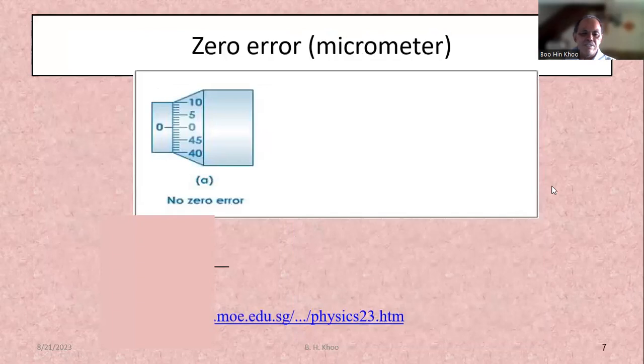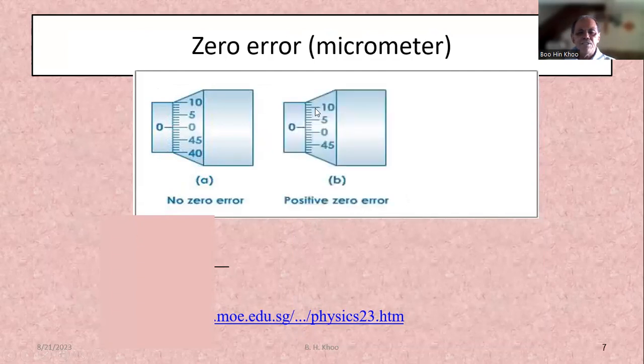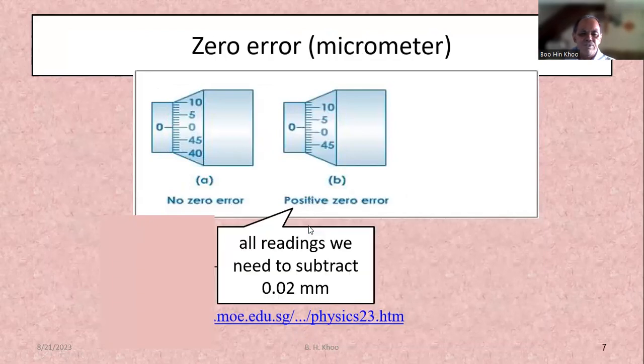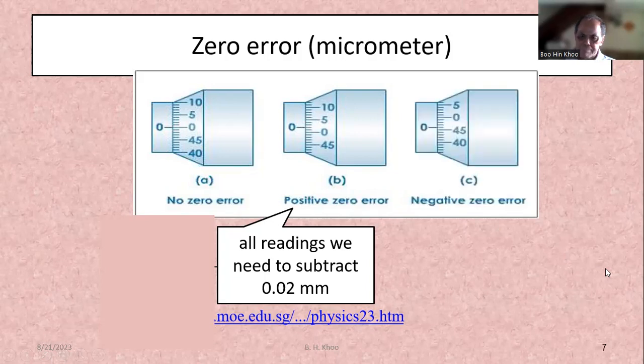For this micrometer, there is no zero error. 0 and 0, they are in line. This one has a zero error. It's a positive zero error. So for all readings, we need to subtract 0.2. That's 0.1, 0.2, that line coincides. This one is negative.